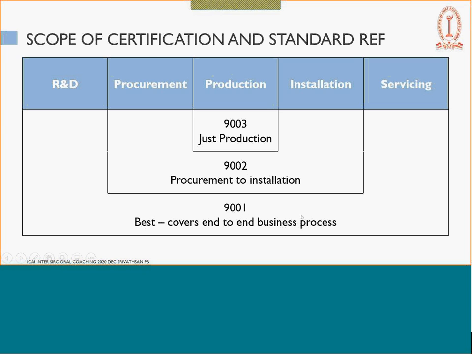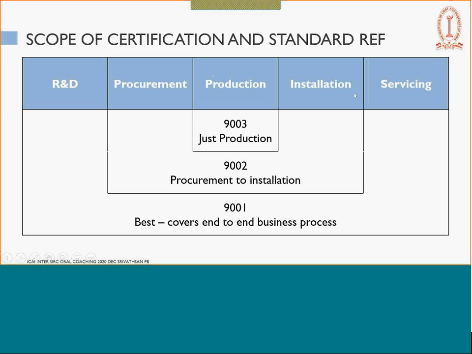That is rank 1 for everything. Next is procurement and product installation. I don't put R&D. I care about sales and service. As long as I sell it and install it, I'm happy. That is procurement to installation, 9002. 9003 is only focusing on production. Standards only in production.